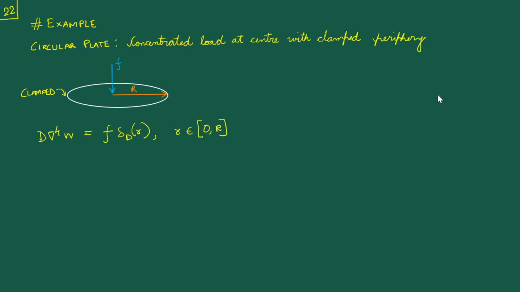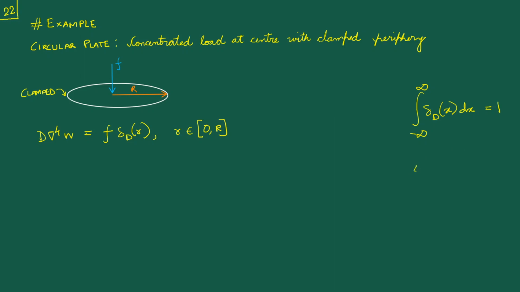usually we think of the Dirac delta in this fashion from our undergraduate days. The Dirac delta is defined such that the integration from minus infinity to infinity is equal to 1. What will be the counterpart of this in the radial or polar coordinate system?